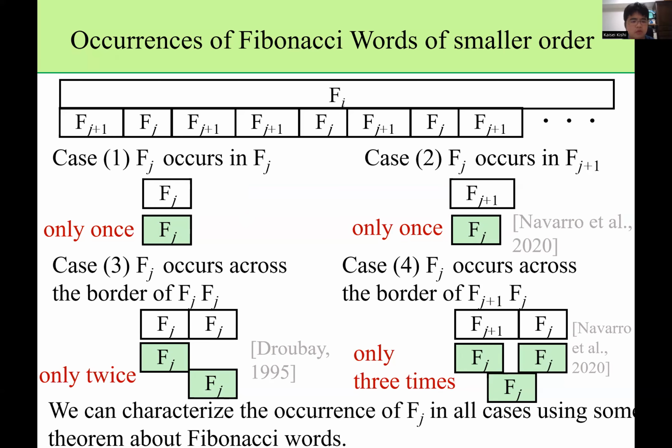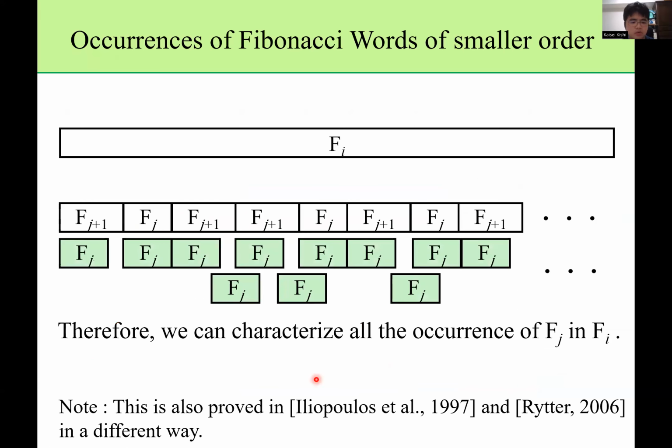So therefore, we can characterize all the occurrences of Fj in Fi. So these occurrences of Fj are all the occurrences of Fj in Fi.